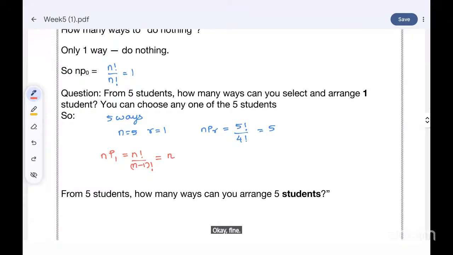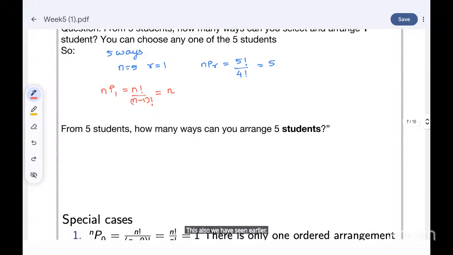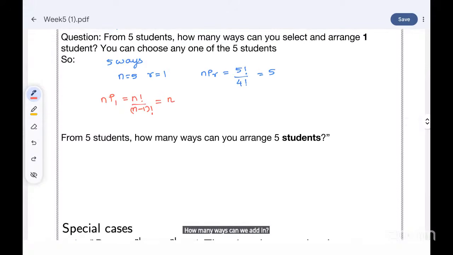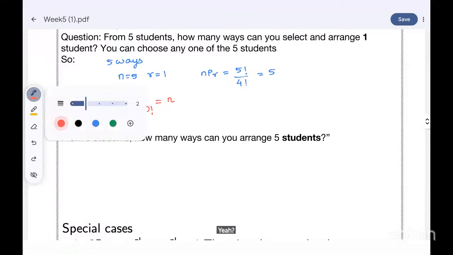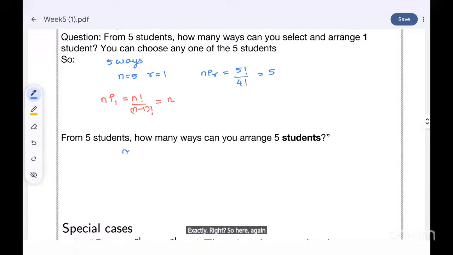From 5 students, how many ways can you arrange 5 students? This we have seen earlier. How many ways can we arrange? 120. Yeah, 5 factorial, exactly. So here n is 5 and r is also 5. So nPr, which is 5P5, is 5 factorial by 0 factorial, so 5 factorial.